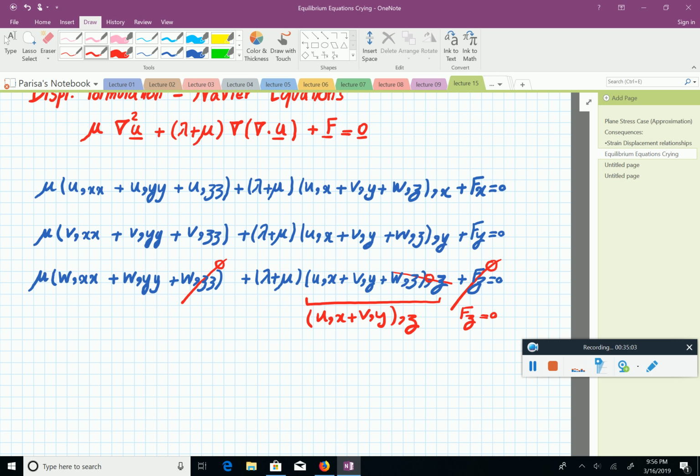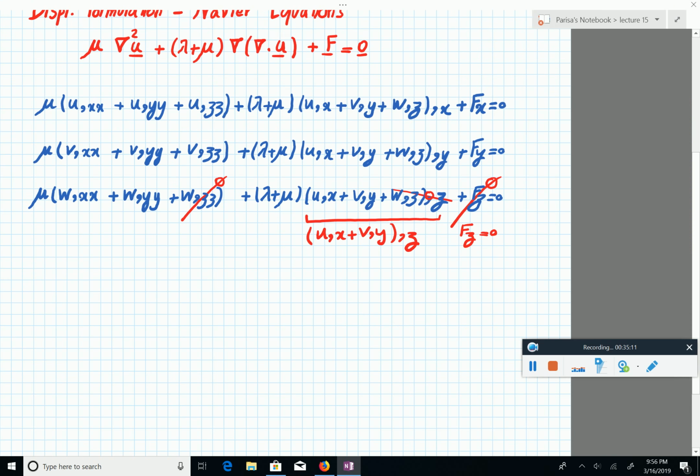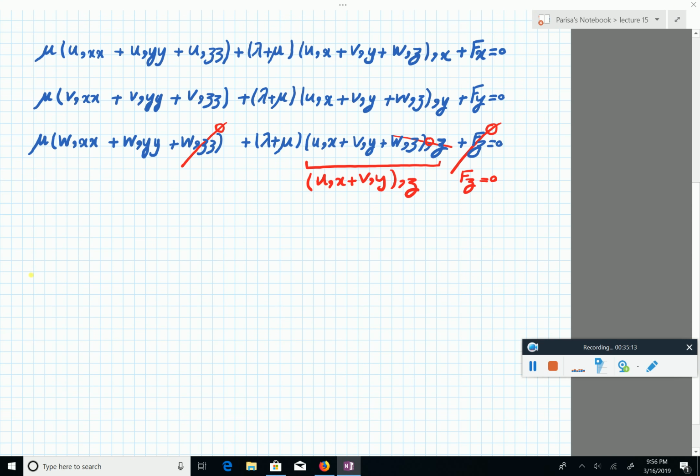But we can make a little bit of simplification to make the form a little more elegant. And this is as follows.